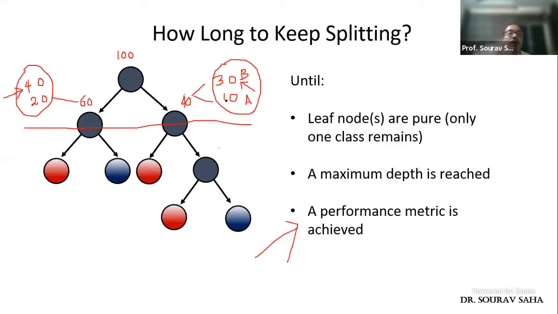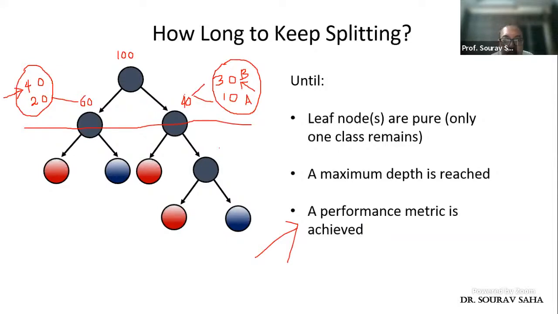So I'll be misclassifying these 10 data points. Similarly here, I'll be misclassifying these 20 data points. So of those 100, 30 data points will be misclassified had I stopped at this particular level. So that's why the accuracy is 70%. Had I done a complete splitting, complete growth of the tree where it was homogeneous, then probably my accuracy would have been 100%.